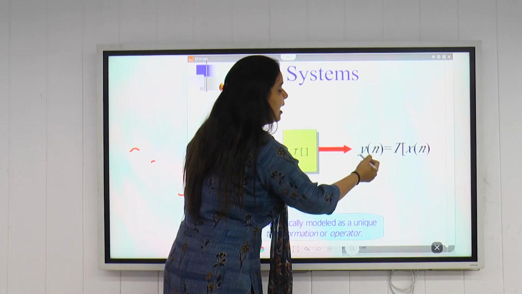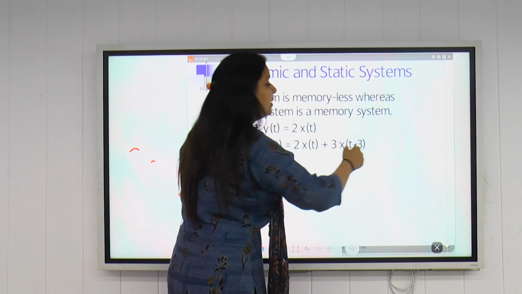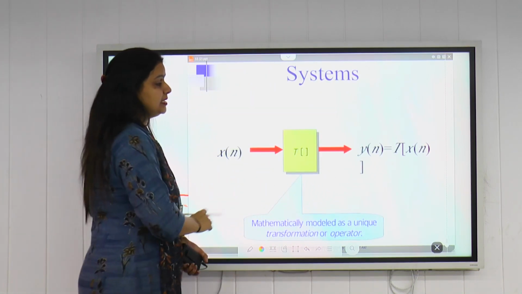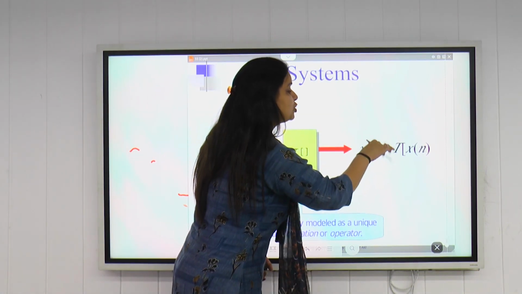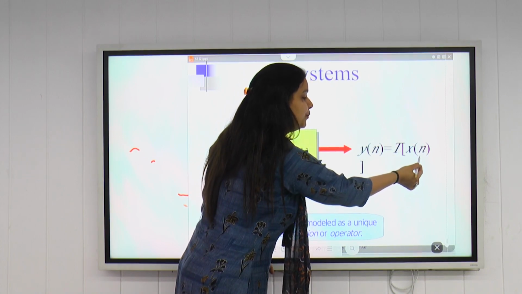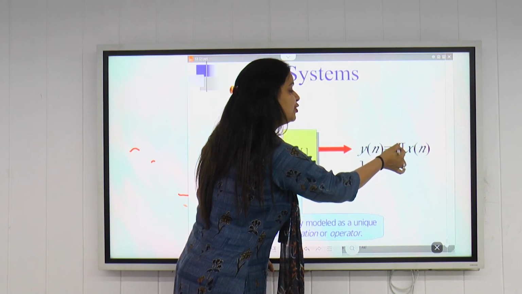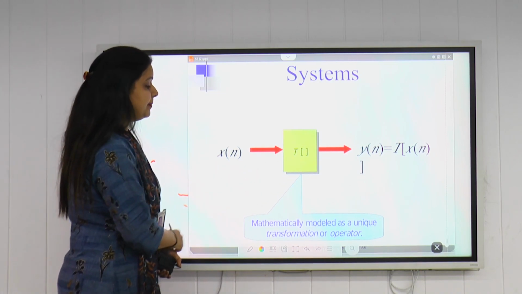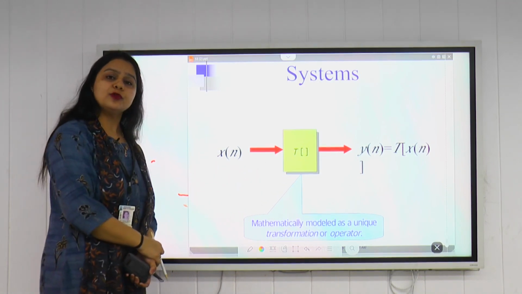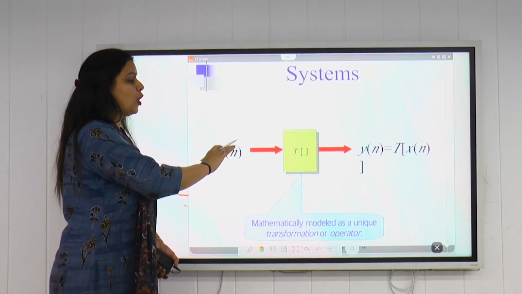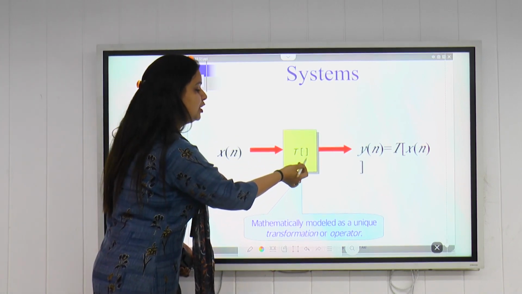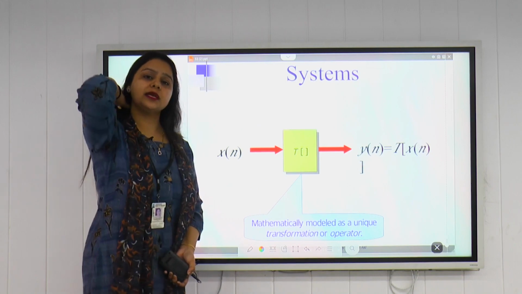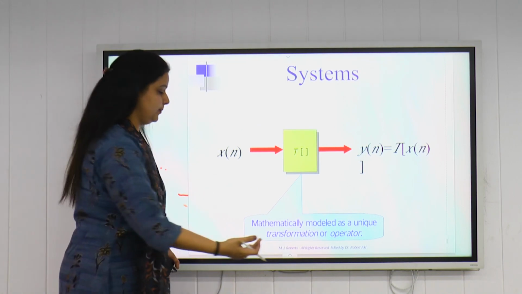That means if we are using a system and an input signal, this system is doing an operation on the input signal. For this purpose, we use a capital T. So this is a simple mathematical modeling of transformation, and T is used as an operator. The T operator is basically used as a transformation of the input signal to get an output signal.